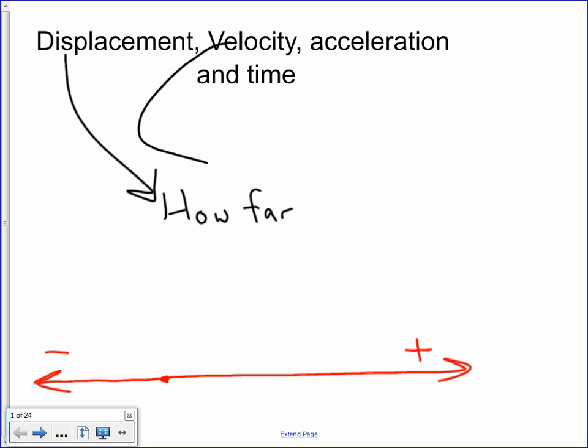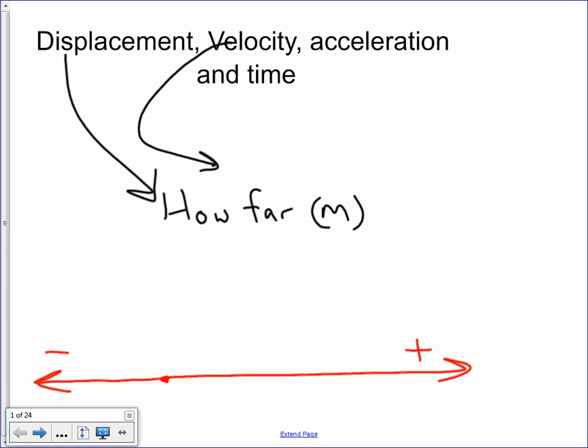Velocity is, well, how fast? How do we measure that? And velocity, remember the V in this case, helps us remember that it's a vector quantity, so it has a direction. So this would be measured how far in what time. Displacement might be measured in meters.